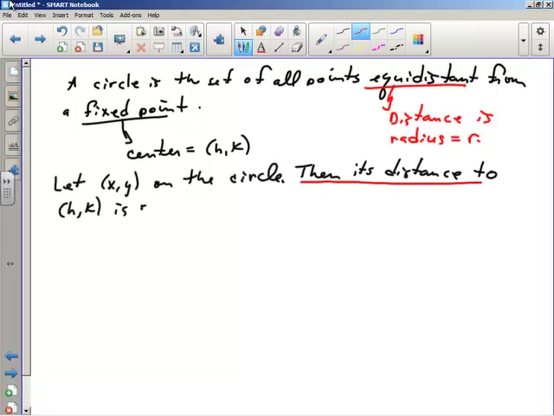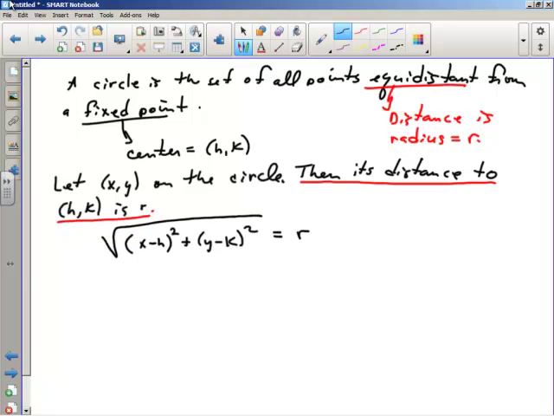This English sentence is an equation, and equations are sentences. Here's its distance to that center point, and we're saying that that's r.